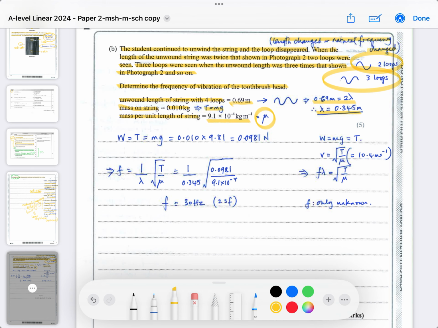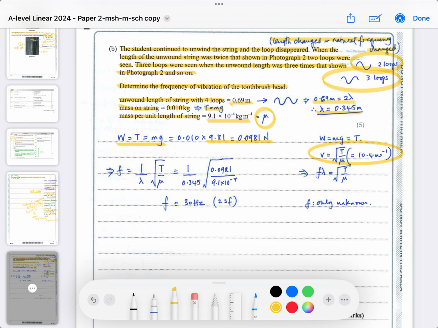Okay, so it's basically the mass over the whole length. Okay, so if you weigh the object, you can then divide it by the length and you'll get the mass per unit length. So once we got the weight, we know the tension. By using g, you can get it in newtons. Okay, then we have to use the wave equation for a string.